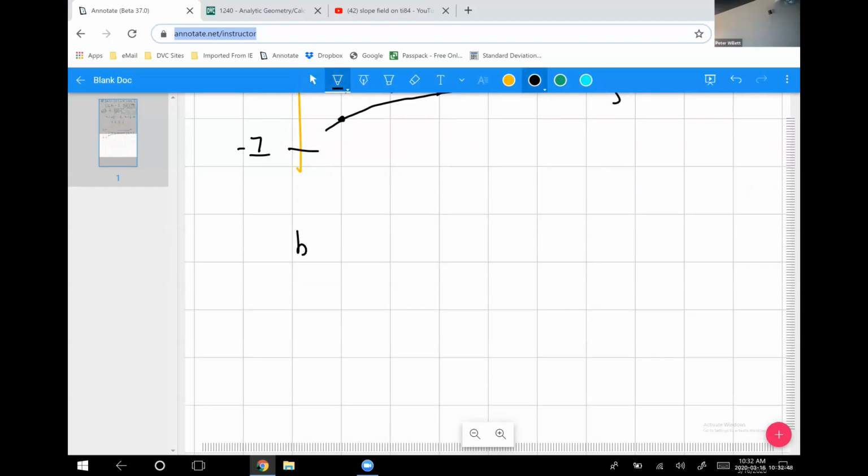Okay, let's take a look at B. So B, they give us another explicit formula, and we have the cosine of n times pi. Like before, this is as n starts with the first term and goes off toward infinity, so this is an infinite sequence. Like before, we would want to say what are the first 4 terms.